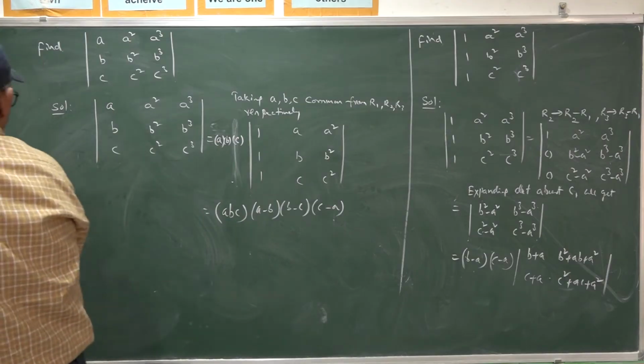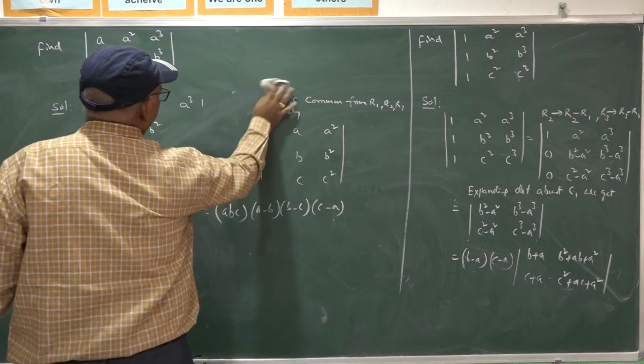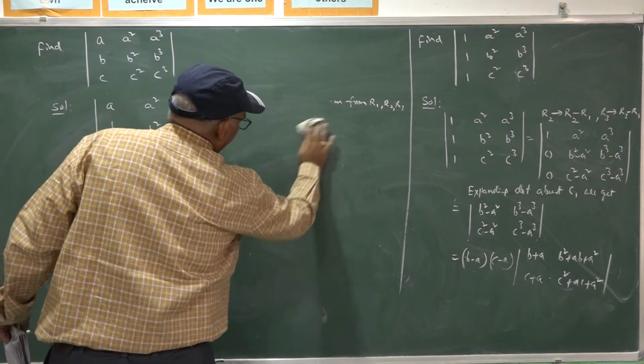Now evaluate that 2 by 2 determinant by its definition, the AD minus BC form.